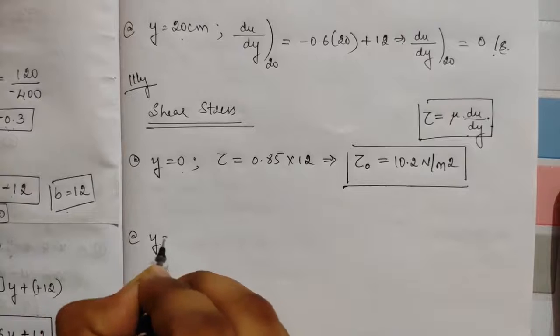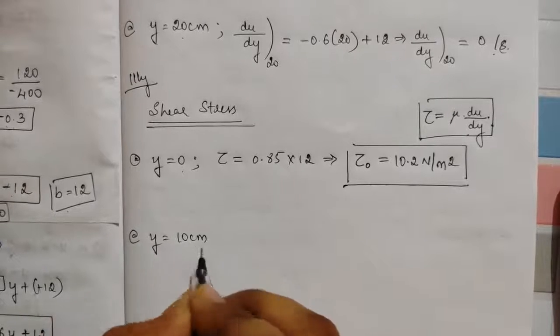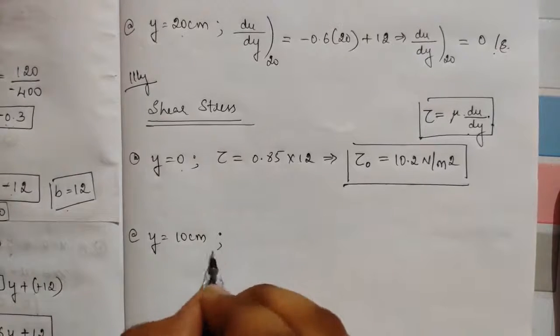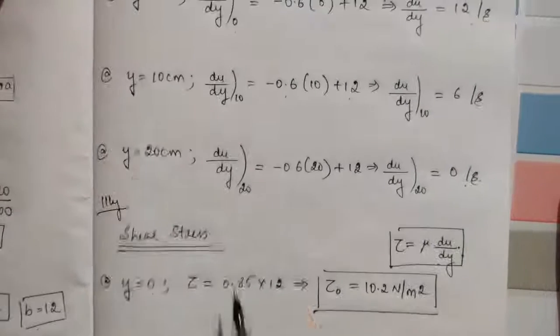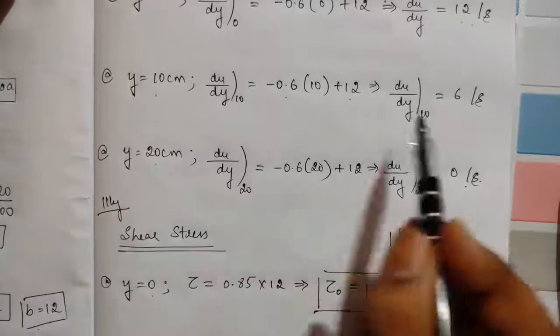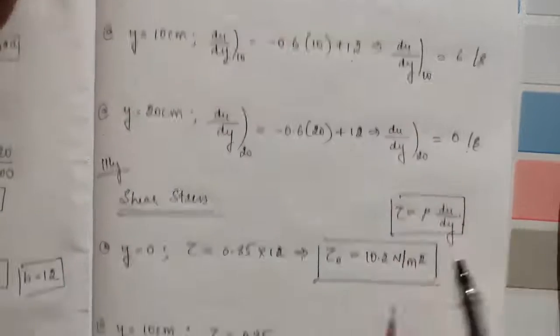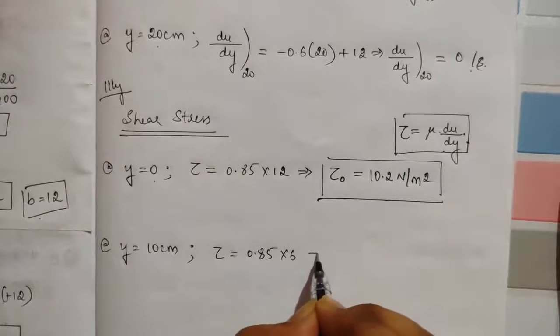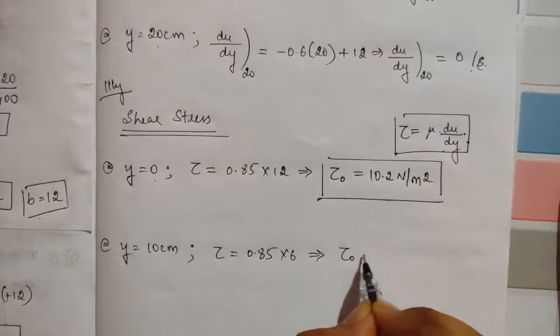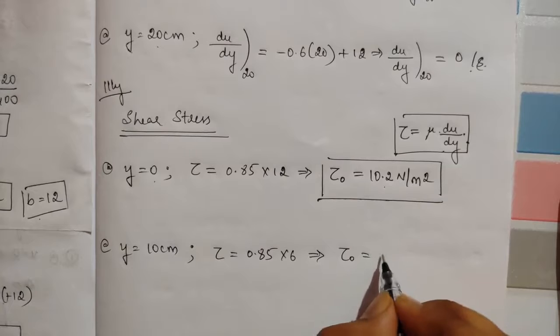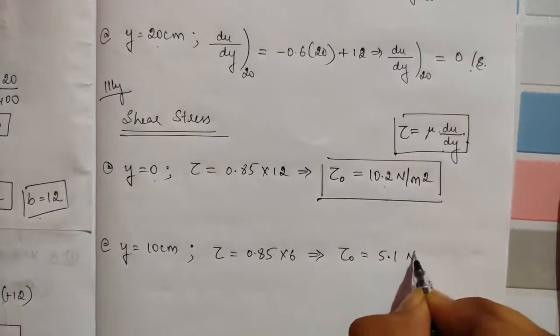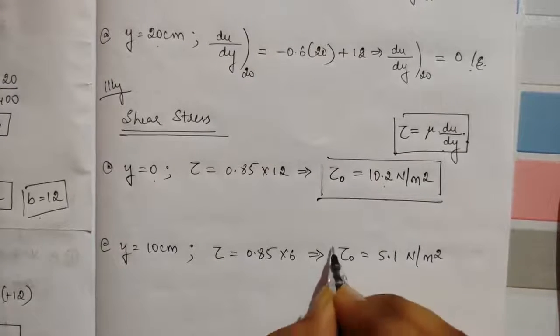Now at y is equal to 10 centimeter, tau is equal to 0.85 times the value of du by dy at y equal to 10, which is 6, exactly half of 12. So tau is half of 10.2, that is 5.1 Newton per meter square.